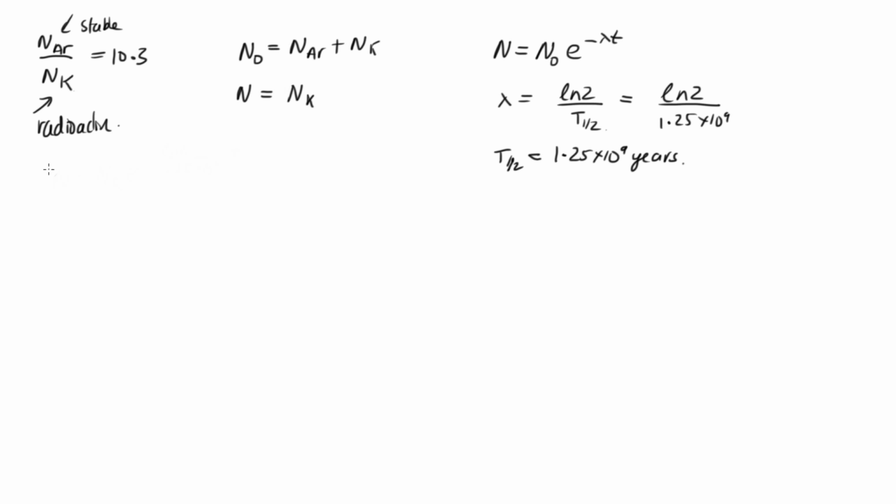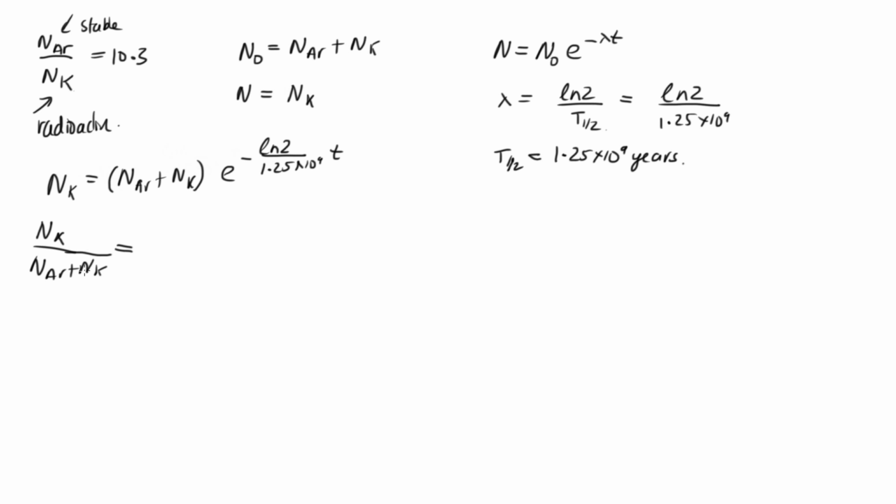So we can write that Nk is equal to NAR plus Nk, because that's just our initial N0, e to the minus lambda t, and lambda is given by this log 2 over 1.25 times 10 to the 9 times t, where t is in years.